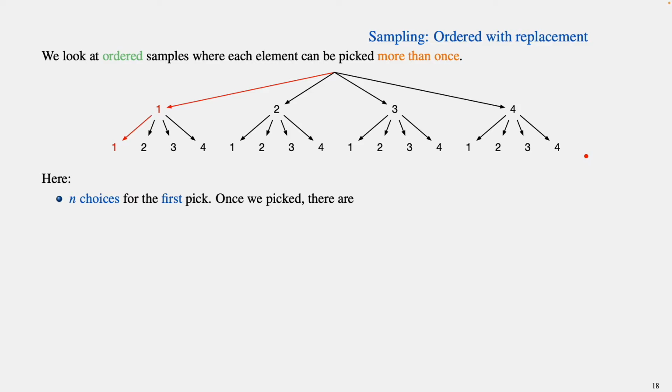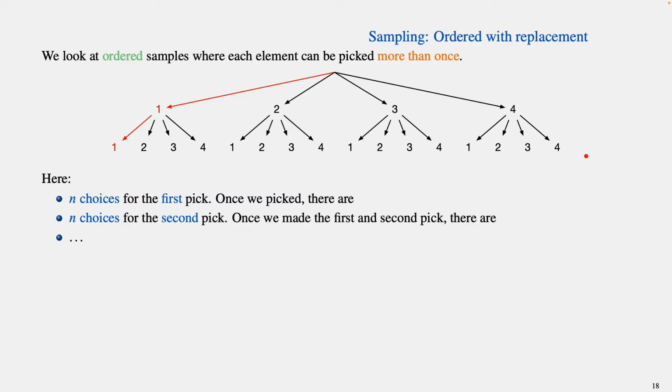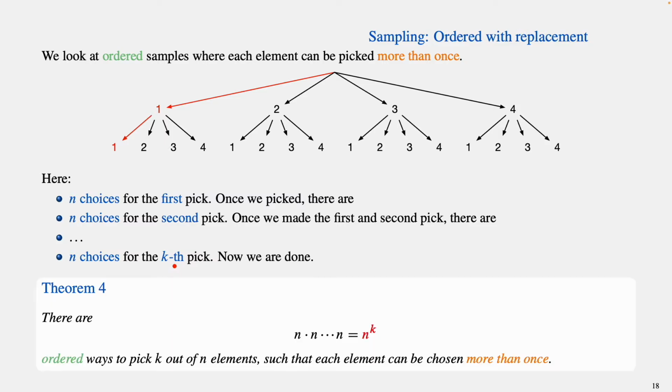So we have n choices for the first pick, and once we pick, there are again n choices for the second pick, and once we've made the first 2 picks, there are again n choices up to the kth pick, and we're done. And what this means is that there are n times n times ... times n, equal to n to the power of k ordered ways to pick k out of n elements when we can pick each element more than once.